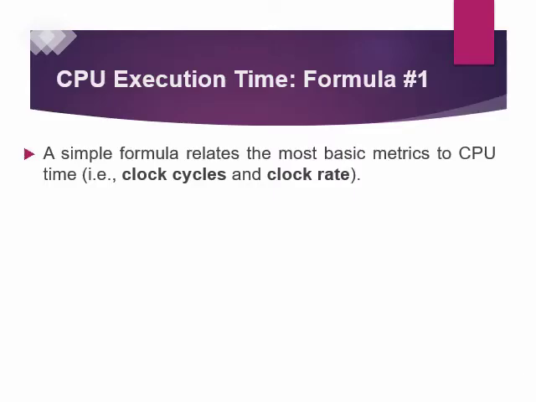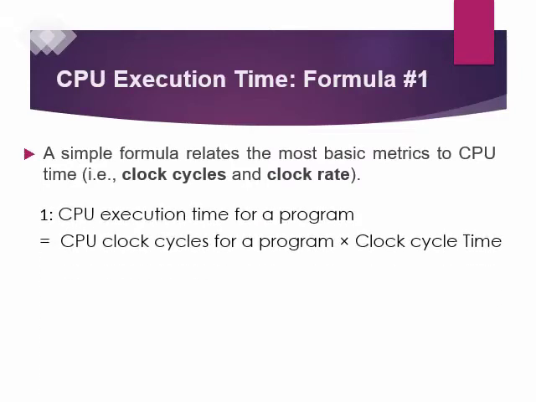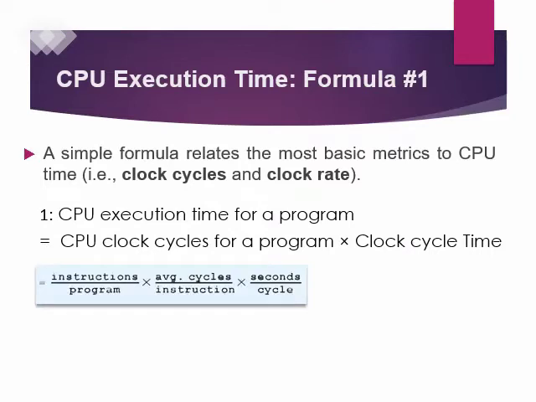Let's look at the first formula. That one is the basic formula that you've seen before, right? CPU clock cycles for a program times clock cycle time, and you have this. And because we have hertz, hertz is the opposite or the inverse of this.